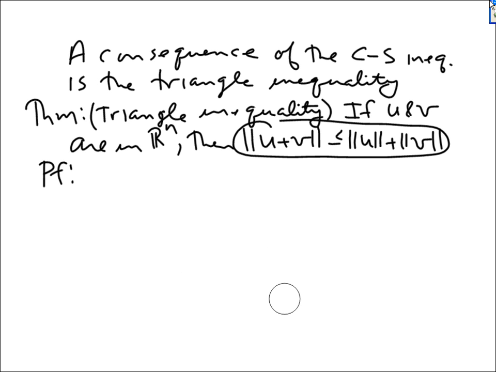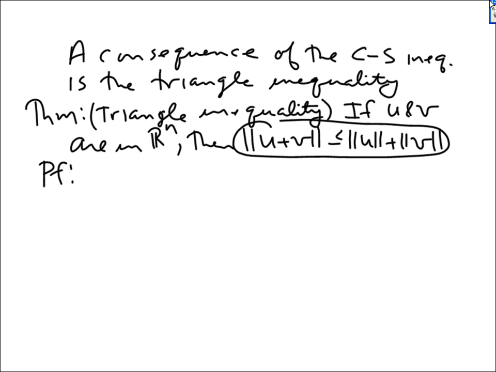But you'll never have more than this. The length of u plus v cannot be more than the length of u plus the length of v in R2. And the triangle inequality is saying that it's true in any dimension.